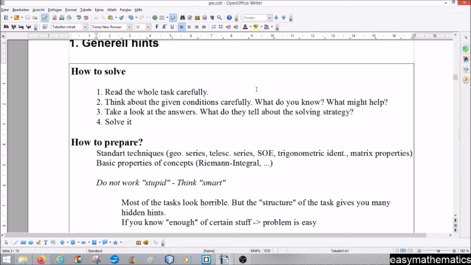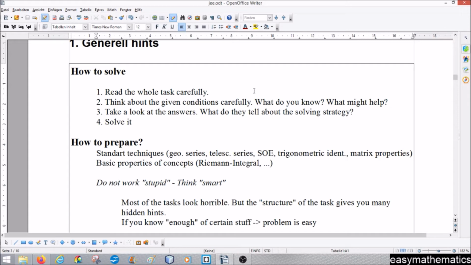You should know, of course, about standard techniques like geometric series, telescoping series, system of equations, important trigonometric identities, basic matrix properties, Riemann integrals. The Riemann summation is often a good choice. Yeah, but the big question is how to choose the right way.